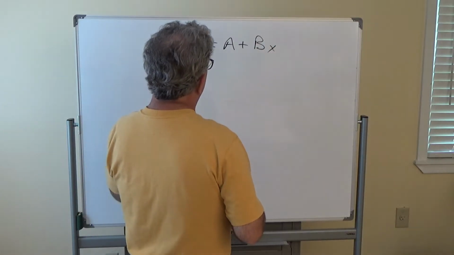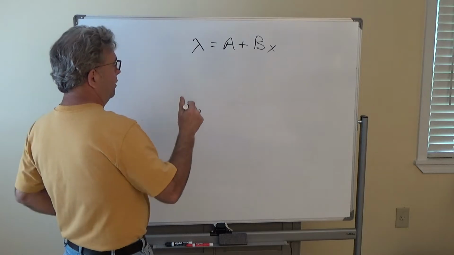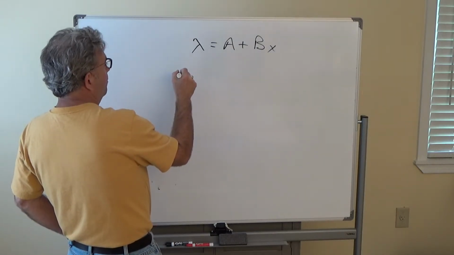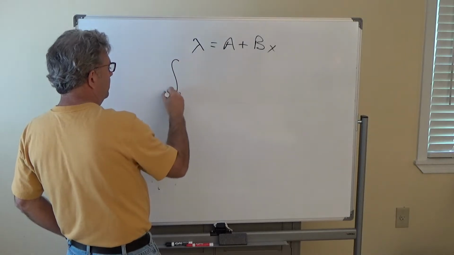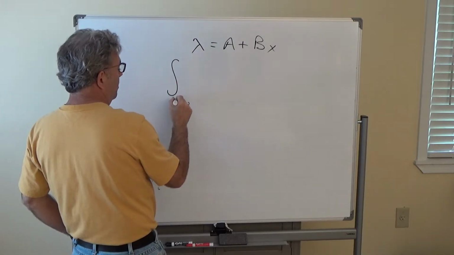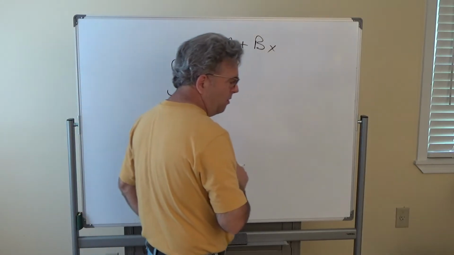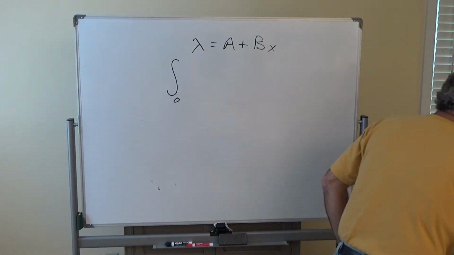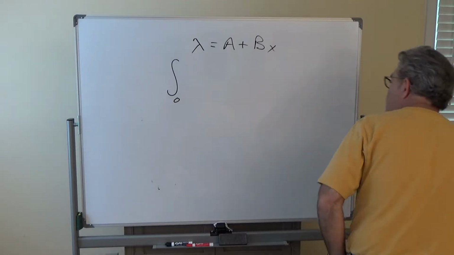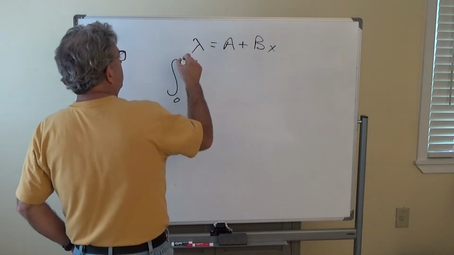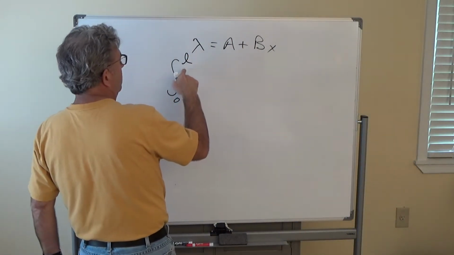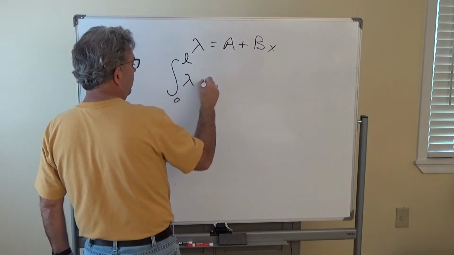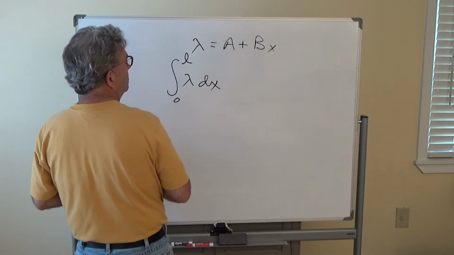Okay. So first off, they're asking you for the mass. How do you find the mass? Well, the way you find the mass is take the integral from 0 or wherever it starts. It says it's a length 32 centimeters. Mine has, I'll just use L. Okay. 0 to L of lambda dx.